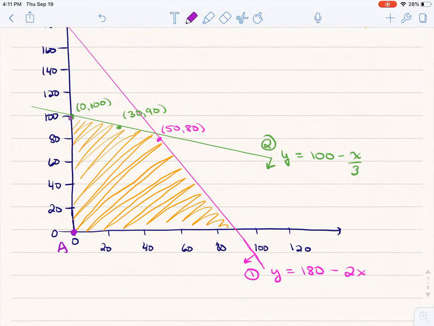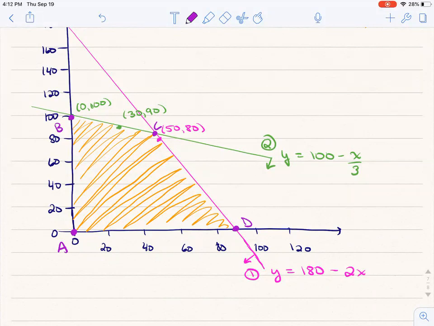A, B. This intersection is the one that we have to solve for, C. And then don't forget about this one down here on the x-axis. That's also an intersection, D.